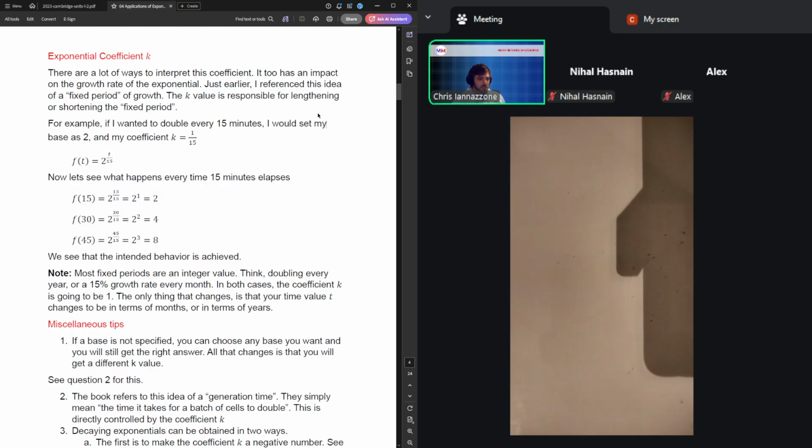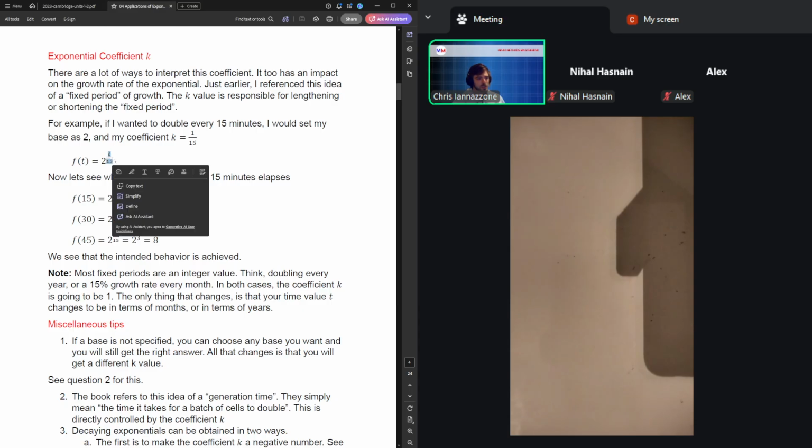Because we are doubling every 15 minutes, what we're going to essentially do is apply a coefficient on our t value such that rather than it wrapping over to the next integer every integer, you wrap over to the next integer every 15 integers. So what do I mean by that? By having this divided by 15, it will not resolve as 1 until t equals 15, right?